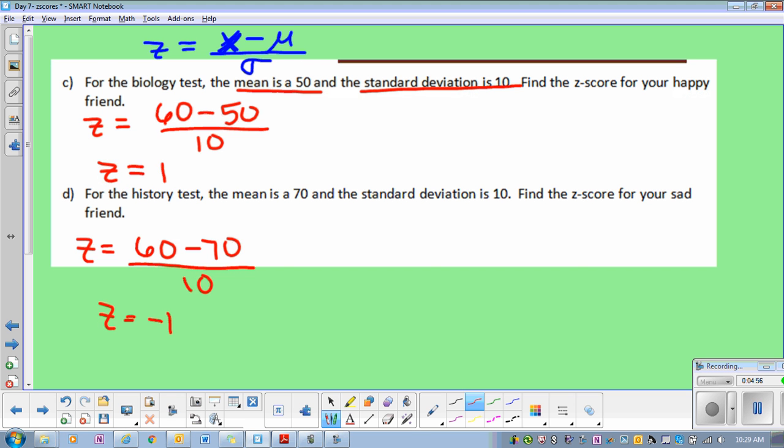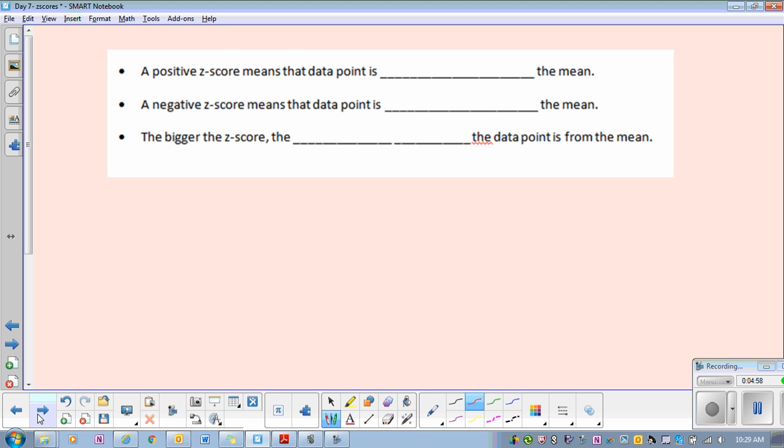Now you have these z-scores. A positive z-score, guys, it's down at the bottom of your page. A positive z-score, like the positive one for happy face, means that it is above the mean. A negative z-score means that the data point is below the mean.